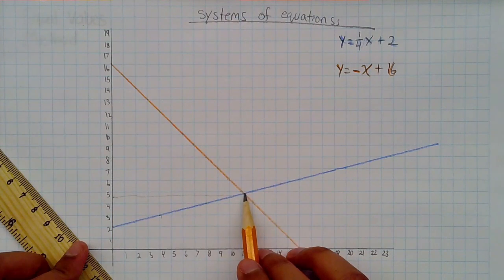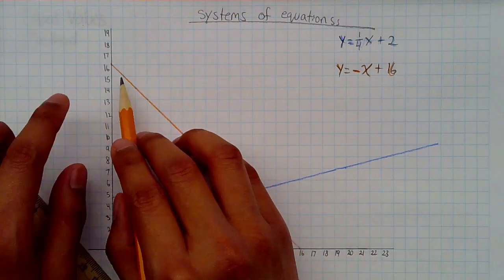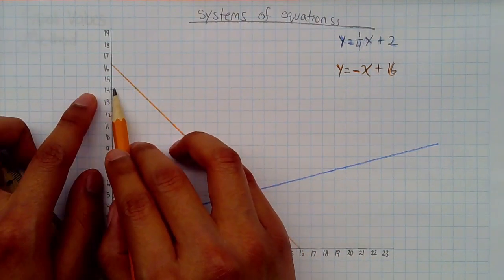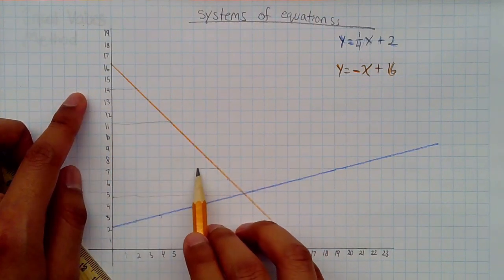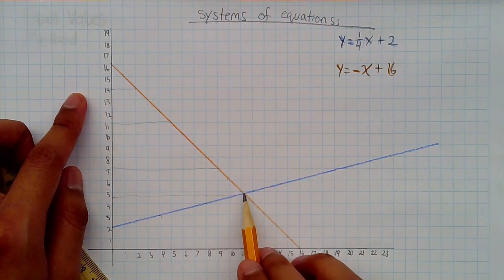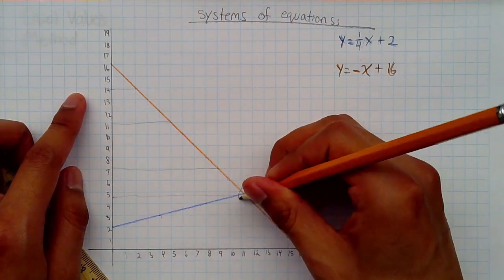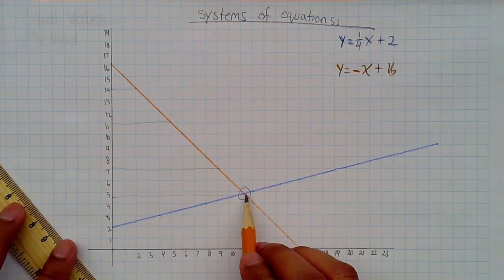Similar thing with the orange line. Up here it has a height of 14, then a height of 11, somewhere over here a height of 7, but I don't really know what the height of this function is. So here is where both of these functions have the same height.